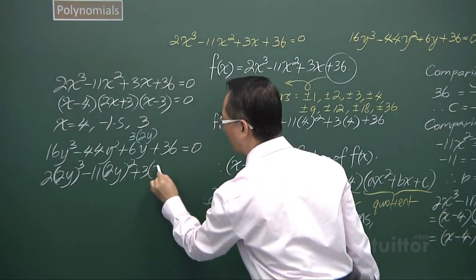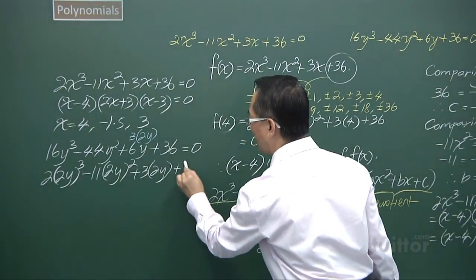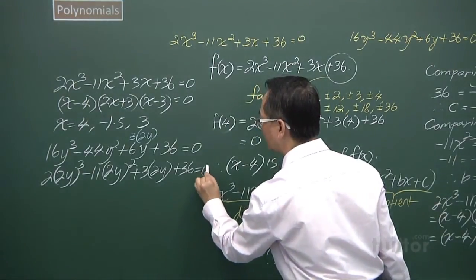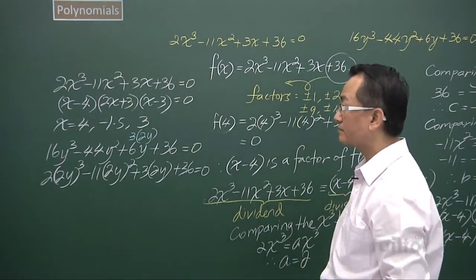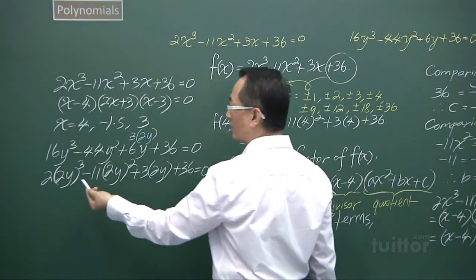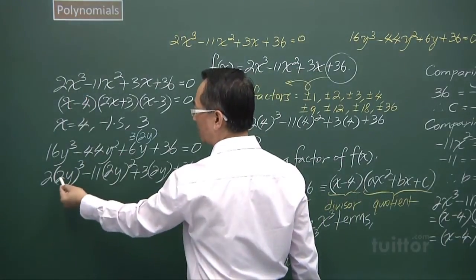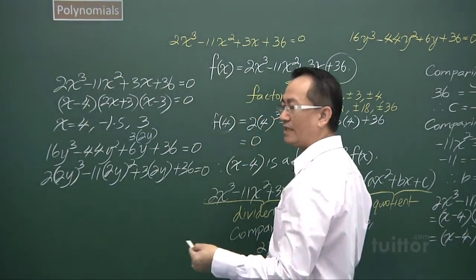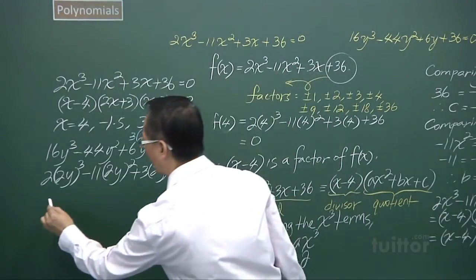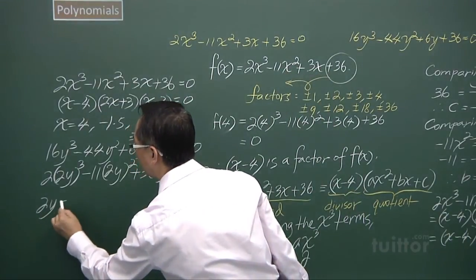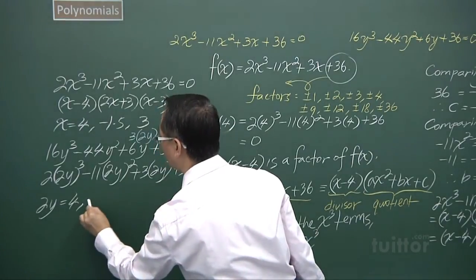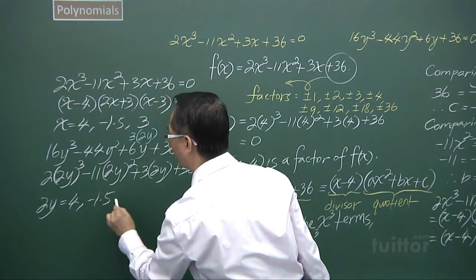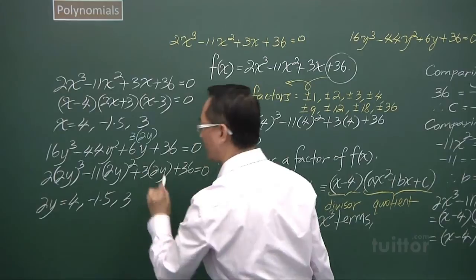So we have got matching pairs of cubic equation. So you can do a direct comparison. The x must be 2y. So in other words, I have 2y equals to 4, negative 1.5, or 3.